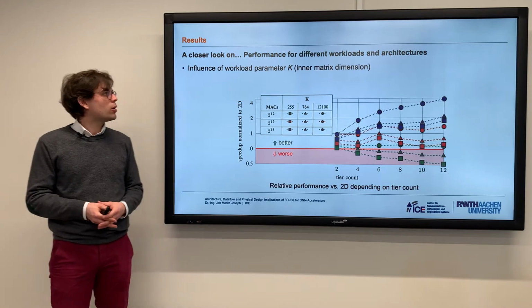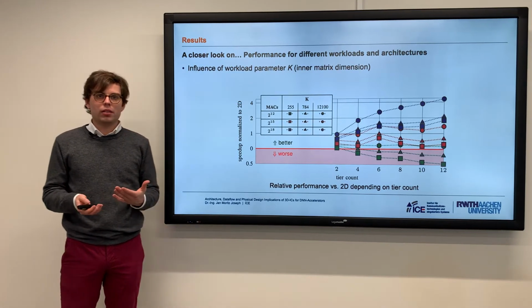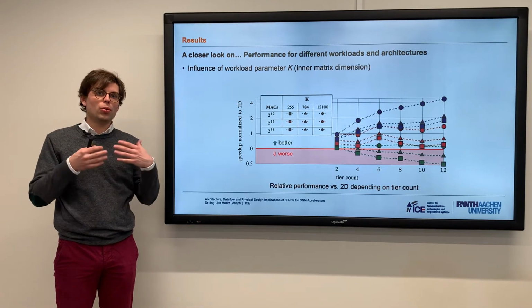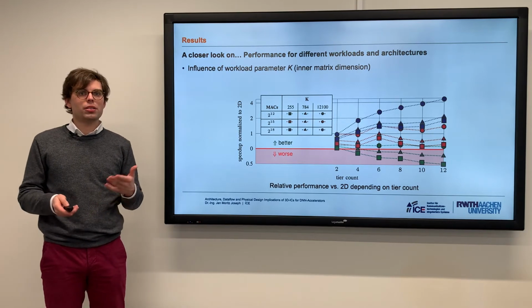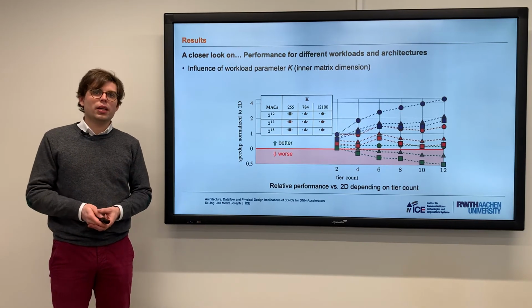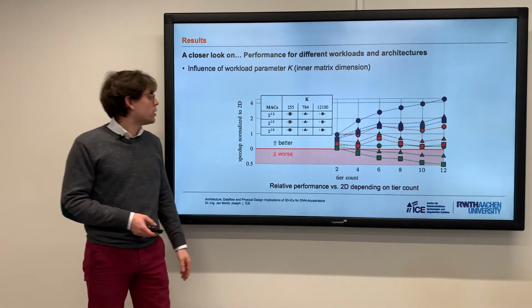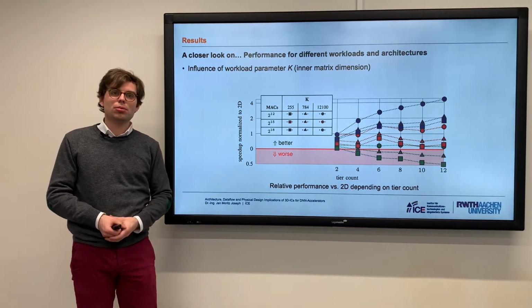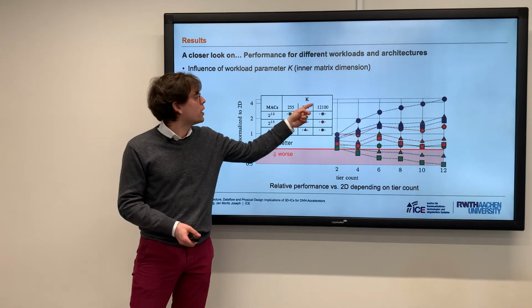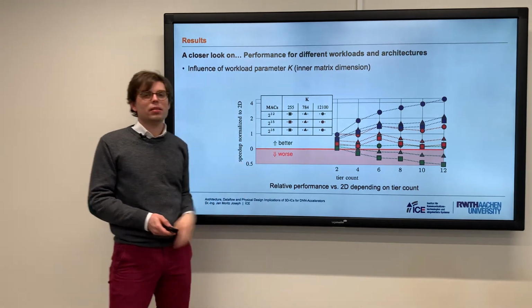So let's first take a look at the performance. And we are now going to go through all the workload parameters, and we are going to start with the inner matrix dimension k here. So on this slide, you can see the tier count on the x-axis and the speedup normalized to 2D on the y-axis for different numbers of k and different MAC sizes.